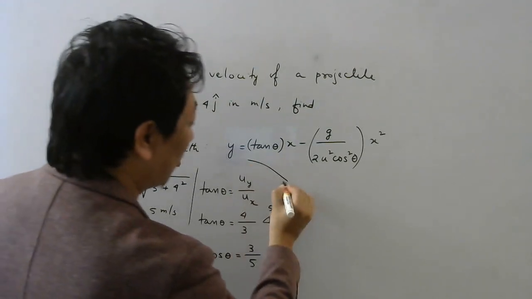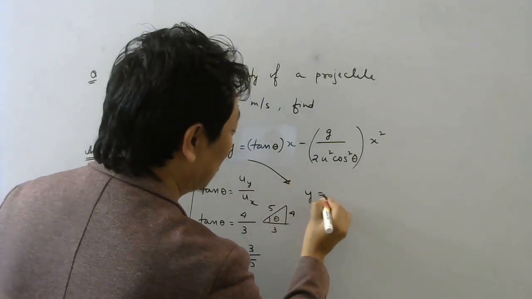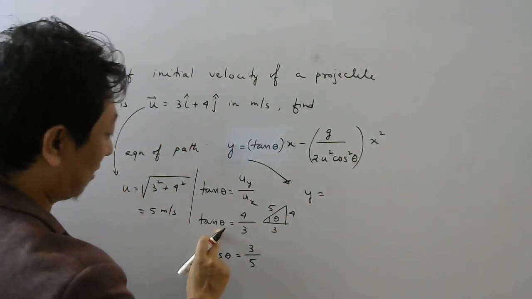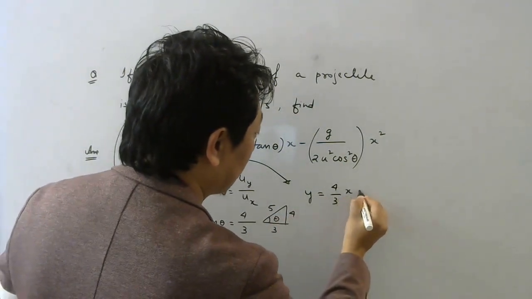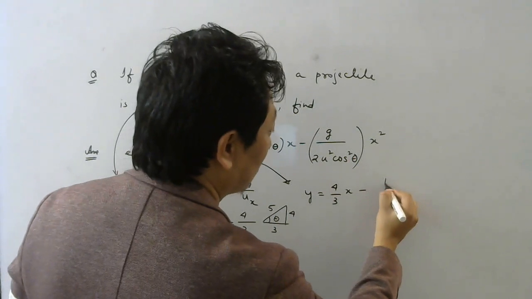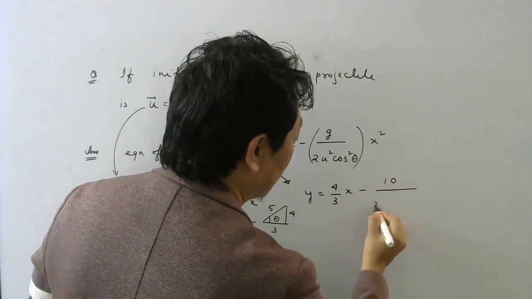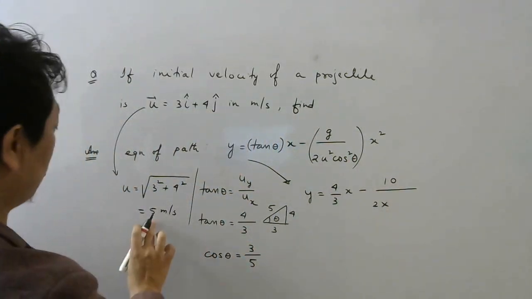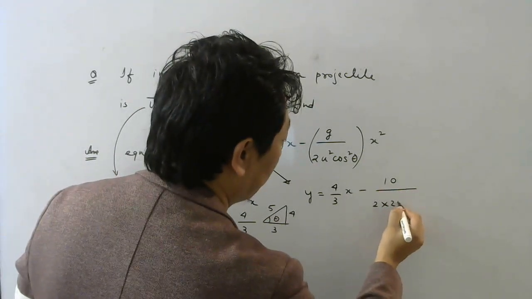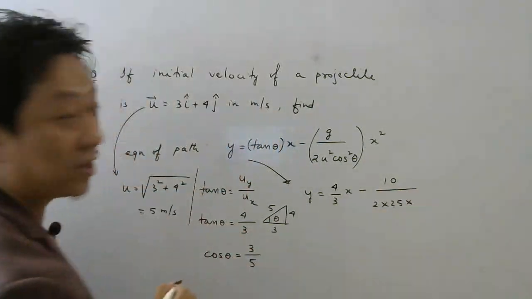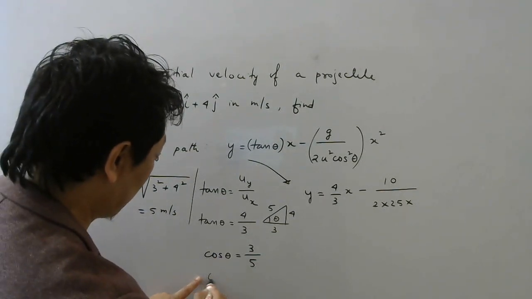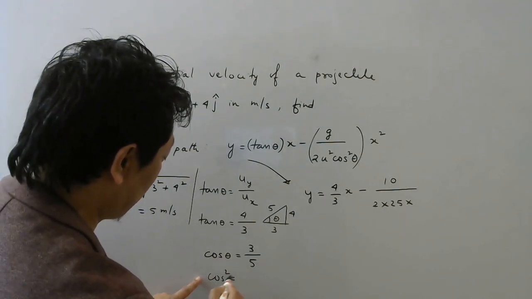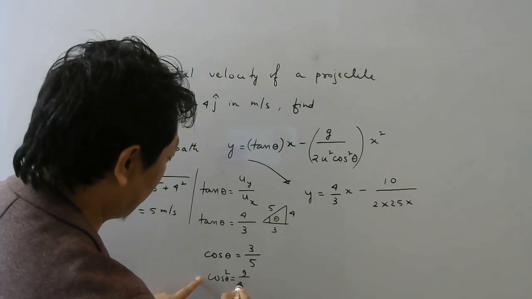So what will be your equation of path now? Y equals tan theta. Tan theta is 4 by 3. So 4 by 3x minus g, I will take approximately 10, divided by 2 into u square, u is 5, so this will be 25, into cos square theta. This is your cos theta. So if you square it, it will be 9 by 25, isn't it?